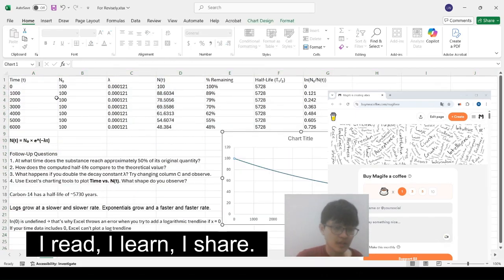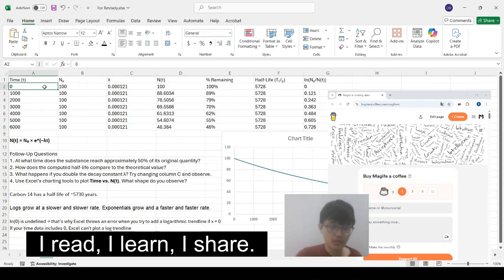Yeah, this is because the data involved includes zero, so we cannot use the log as a trend line.